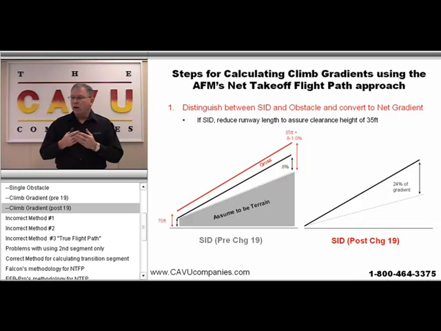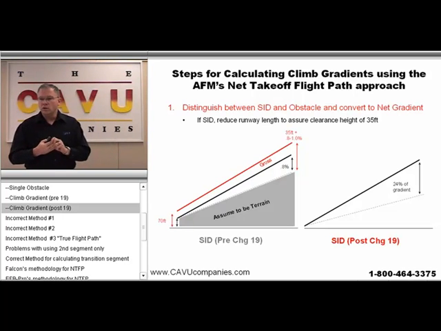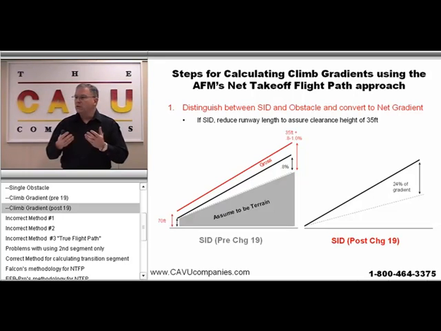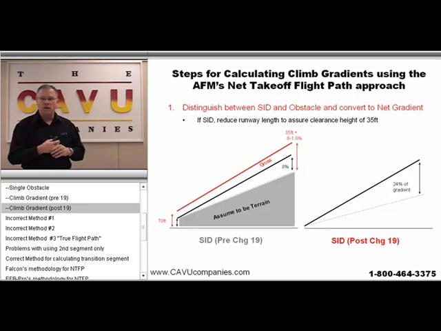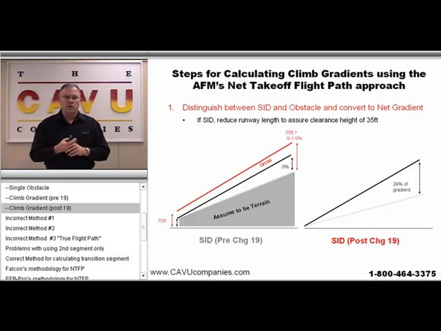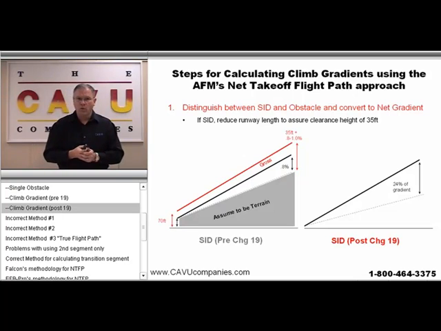If you're dealing with a 200-foot per nautical mile climb requirement, 24% is still 48 feet per nautical mile. However, as you get steeper gradients, let's say you go to 400 feet per nautical mile, 24% of that now is 96 feet per nautical mile. So as you can see, as contrasted to the pre-change 19 criteria, the post-change 19 criteria has a much greater safety margin built into it that steepens with the climb gradient requirement.